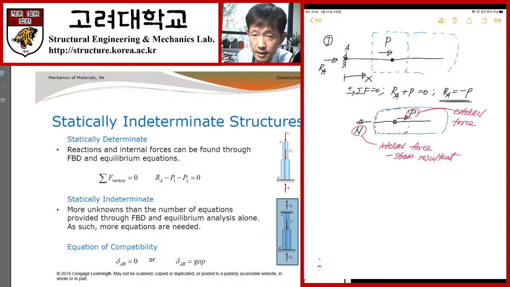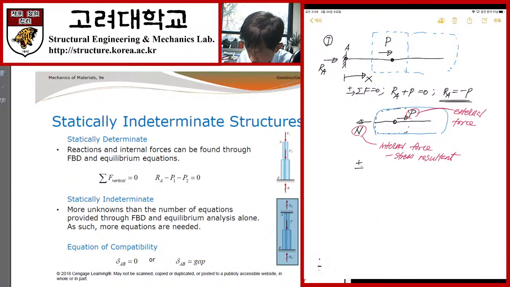Which means the sign convention, or the characteristics of anything internal, must inherit the characteristics of the stress. So the sign of internal force is positive if the internal force stretches the material. Look at this: I have the material, and this internal force stretches this material. That's why this is default positive. Now I want to check the force equilibrium for this part.